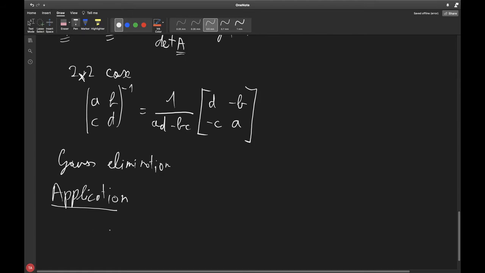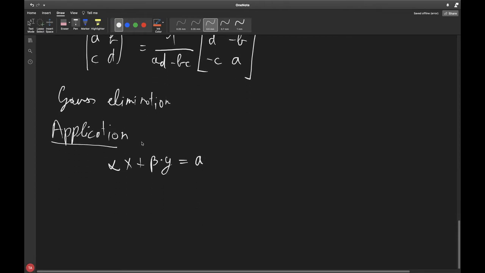So if I have two equations, in general alpha times x plus beta times y equals lowercase a, because uppercase is usually for our matrices, and gamma times x plus delta times y equals b.